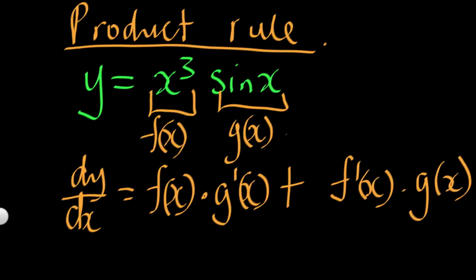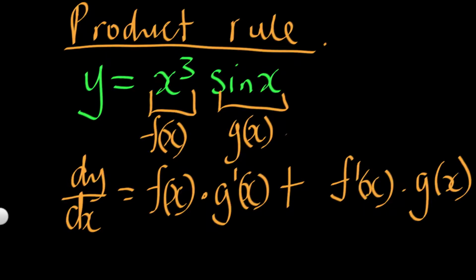In other words, you start by differentiating one of the terms and multiplying it by the other term. You multiply the derivative by the other term, then you go on to differentiate the other term and multiply it by the other term.